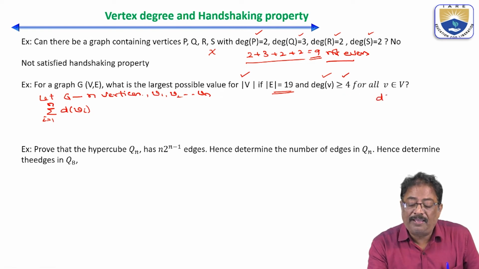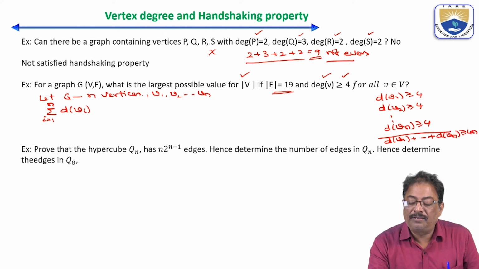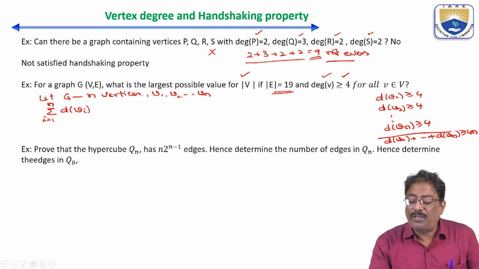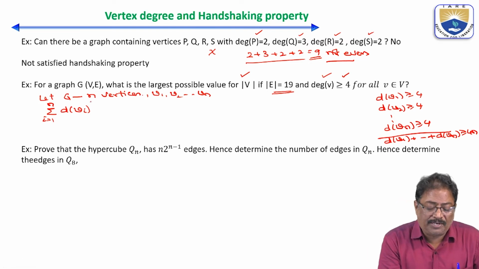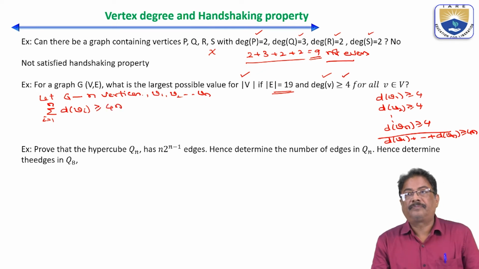That means degree of V1 is greater than or equal to 4, degree of V2 is greater than or equal to 4, and so on, degree of Vn is greater than or equal to 4. So the sum is degree of V1 plus degree of V2 plus up to degree of Vn, which is greater than or equal to 4n.